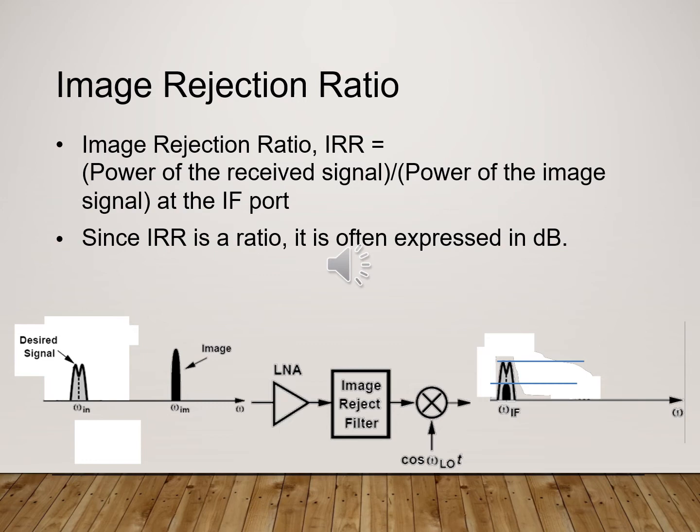We cannot completely, 100%, eliminate the components of image frequency using practical filters, so we need to define an image rejection ratio. This ratio is defined as the power of the received signal over the power of the image signal at the intermediate frequency. Since IRR is a ratio, it is often expressed in dB.